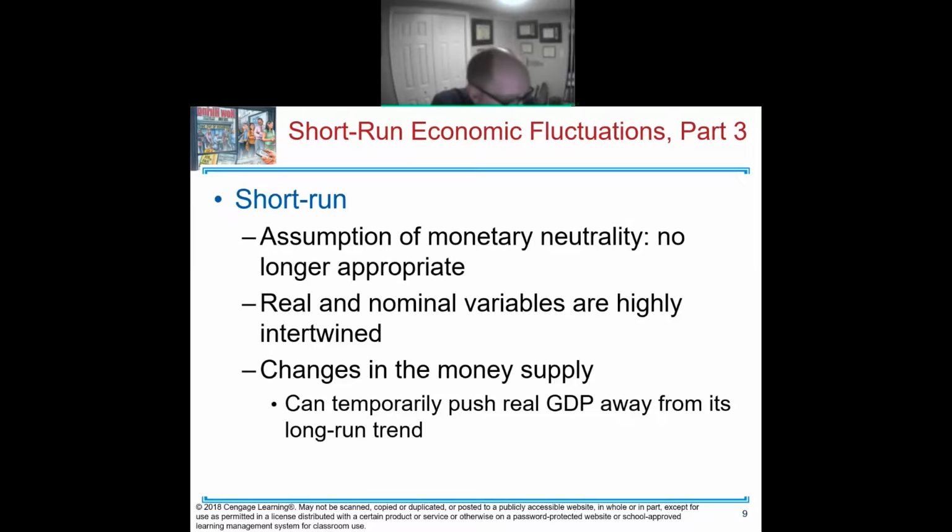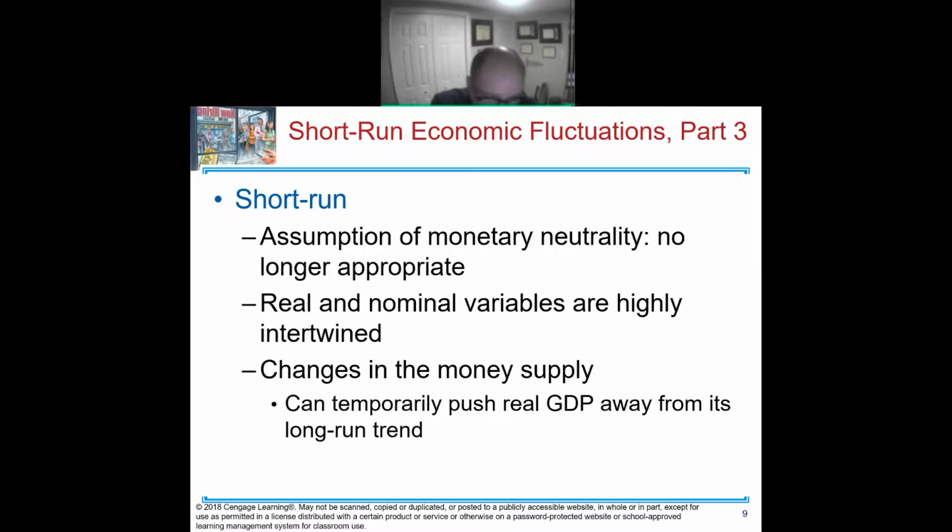So when we talk about fluctuations, recessions, growth periods, and we talk about things like the short run with money supply or real and nominal variables, we look at how they're related.